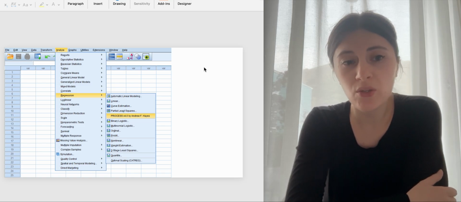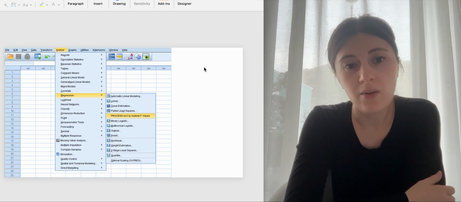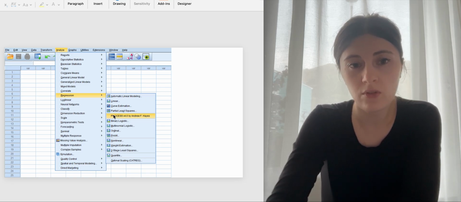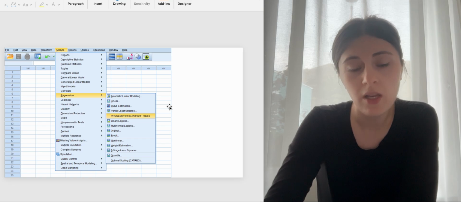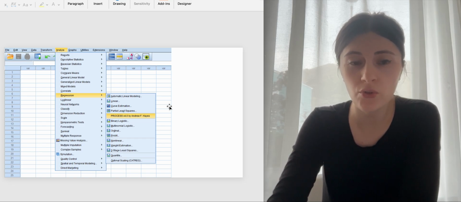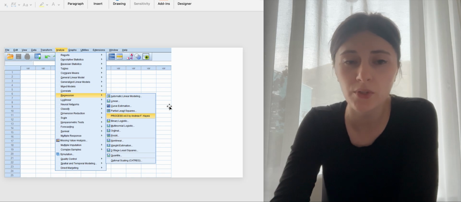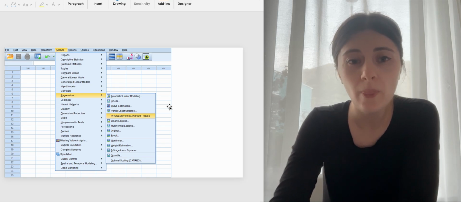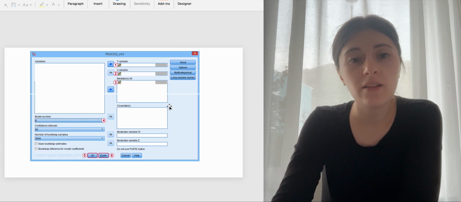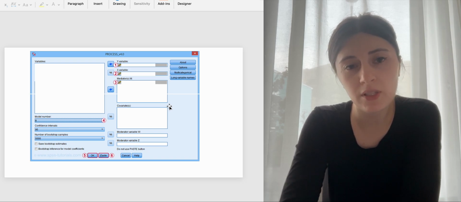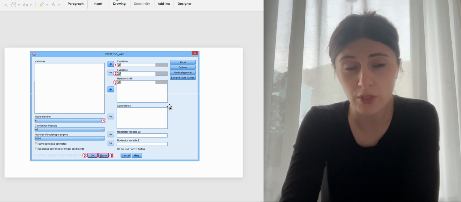To do this, we can use SPSS. Andrew Hayes wrote a specific macro called PROCESS to do this kind of analysis. Apart from mediation analysis, it also does some other types of analysis, but we are only interested in the mediation. So you access it, and then this window appears, and here we have to assign correct variables according to our model.